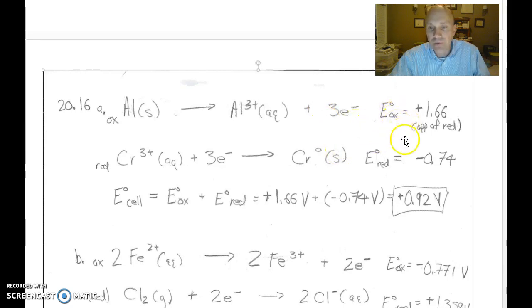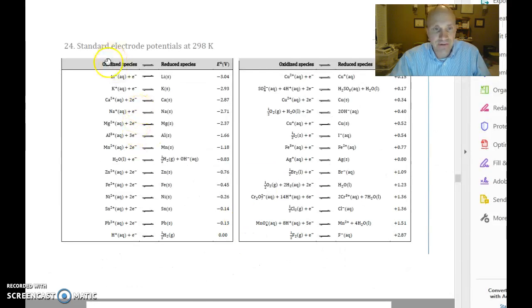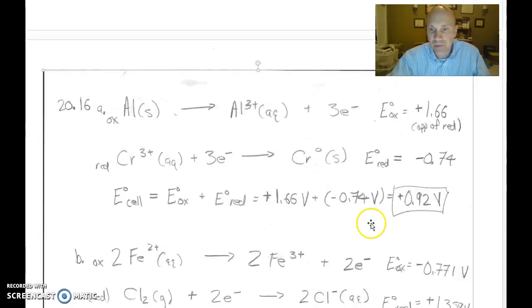Notice that when they write these in the data booklets, everything is always written as the reduction. So for the half reaction that is written as the reduction, the number you're going to get should be exactly what it says in the data booklet, or in this case, I got this from the appendix of the textbook.